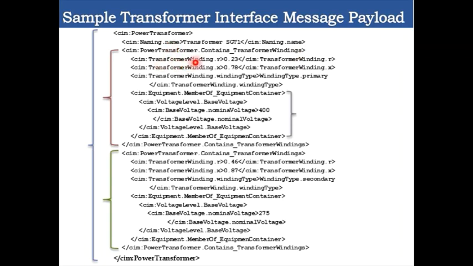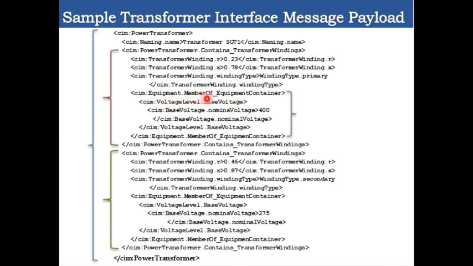Now inside the winding, transformer winding dot r dot x means the r and x value of the transformer winding, and then power transformer winding type is primary, so we are talking about the primary winding, and then the member of the equipment container. Why do we need it? Because we need to define the base voltage of the winding.